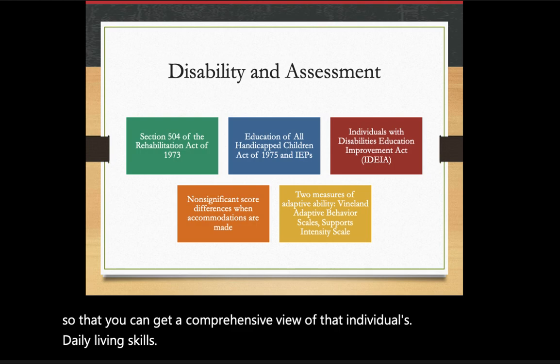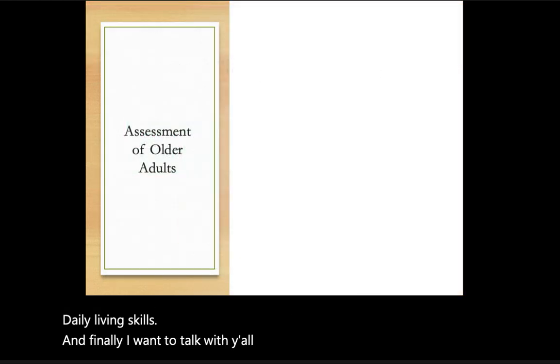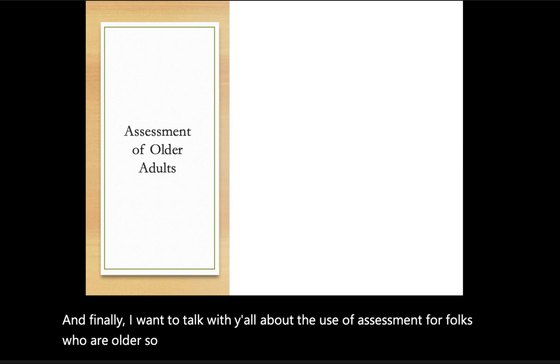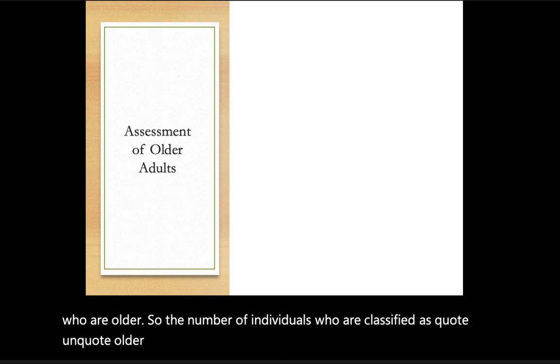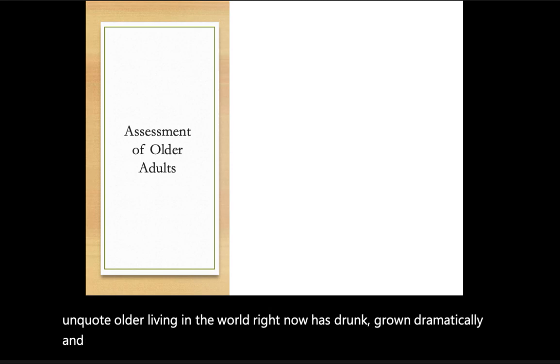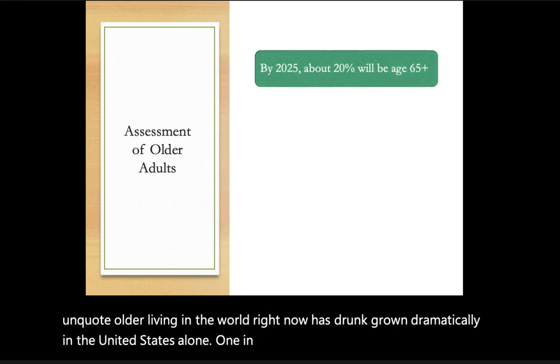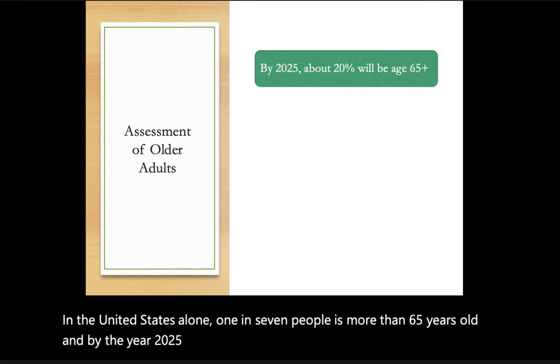And finally, I want to talk with y'all about the use of assessment for folks who are older. So, the number of individuals who are classified as quote unquote older living in the world right now has grown dramatically. In the United States alone, 1 in 7 people is more than 65 years old. And by the year 2025, this figure is estimated to be 1 in 5.